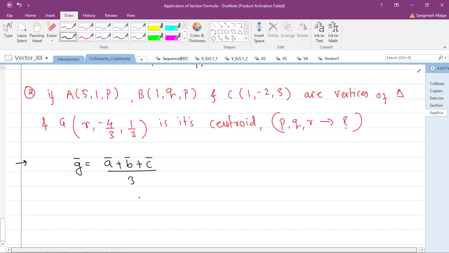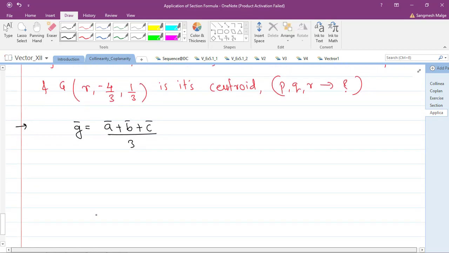Then we can directly compare their ijk coefficients. So no need to again substitute or write down the ijk values. So we can write 3g bar is equal to a bar plus b bar plus c bar.